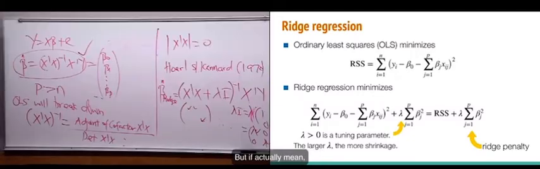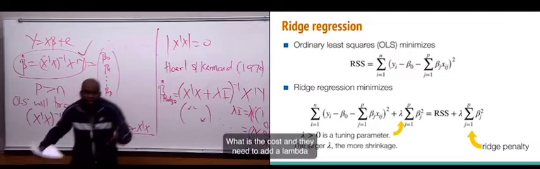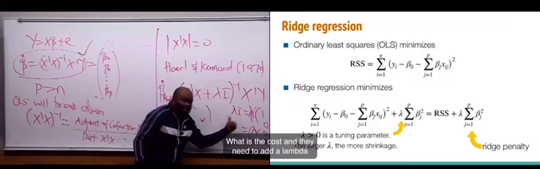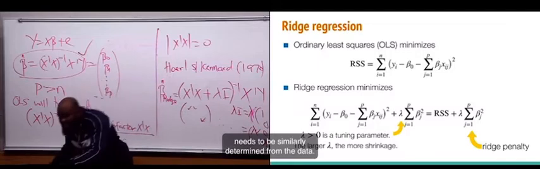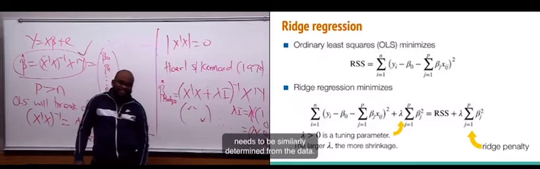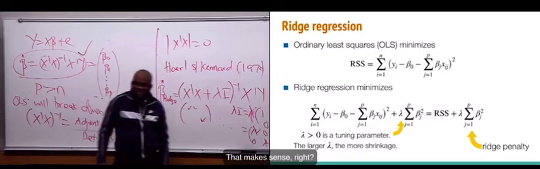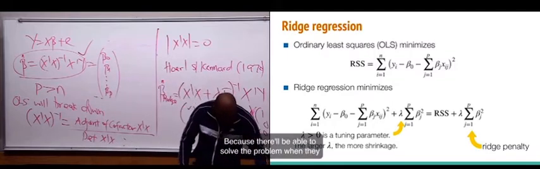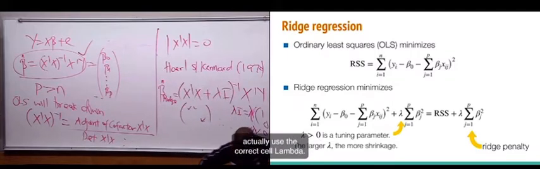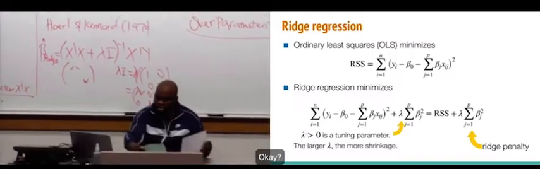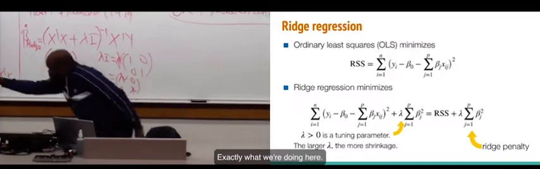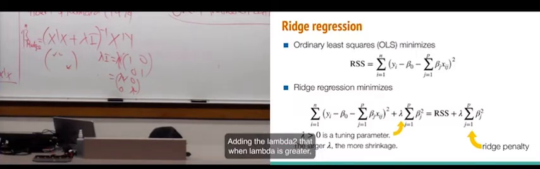But the fact remains, what do they need to add? What is the constant? The lambda needs to be optimally determined from the data. Does that make sense, right? Because they will be able to solve the problem when they use the correct lambda. And that's exactly what we're doing here, adding the lambda to that.